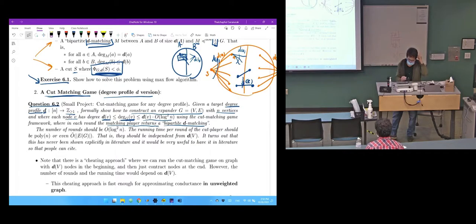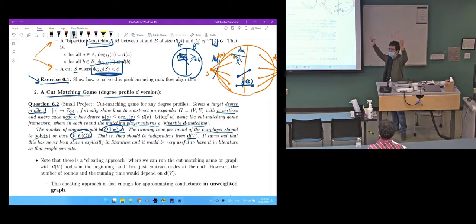Okay. So what I want is that the number of rounds should be log square, and the running time of the cut player should be poly n or even near linear in the size of the graph. But it's important that these two numbers should be independent from D. D can be any number which is independent from n.